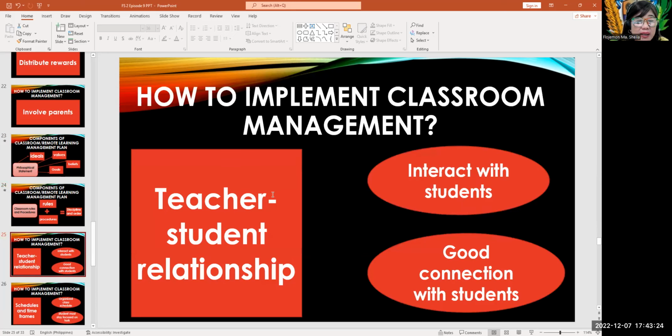Now, another one is teacher-student relationship. How will you treat every student in your class? You will treat them when you interact with your students and when you have a good connection with your students. That is how you are going to treat every student inside your classroom.